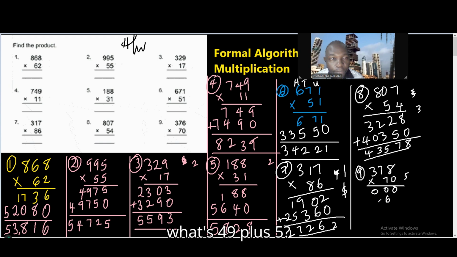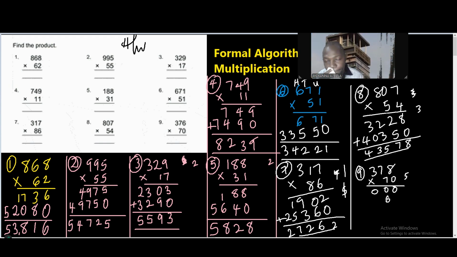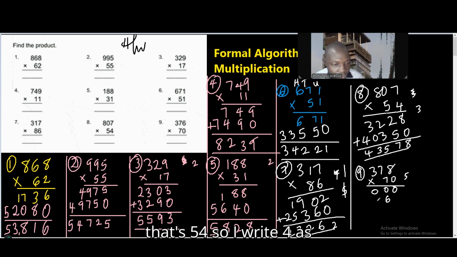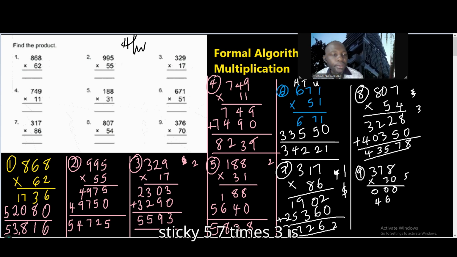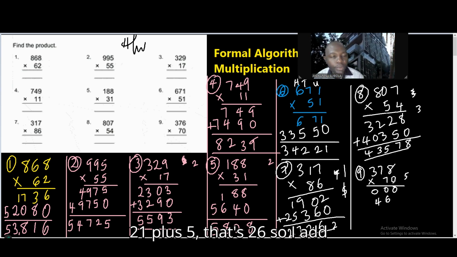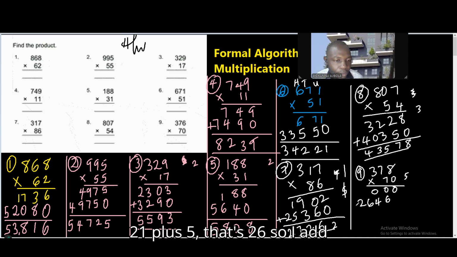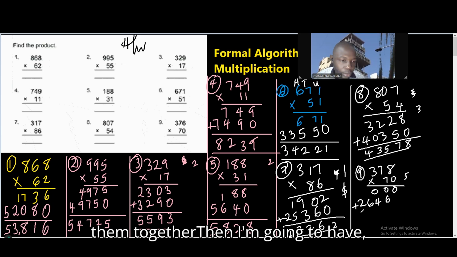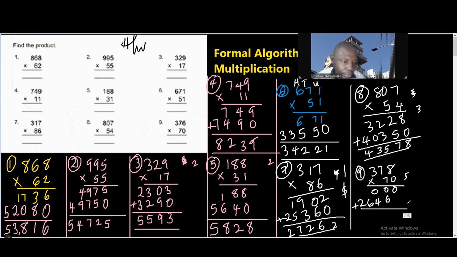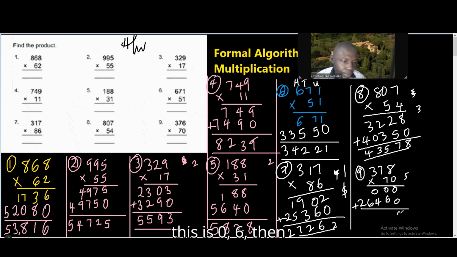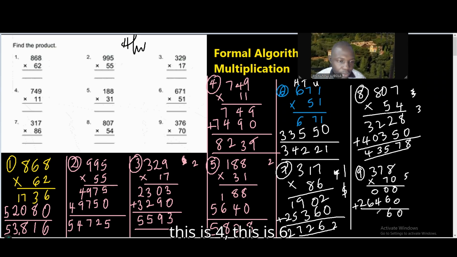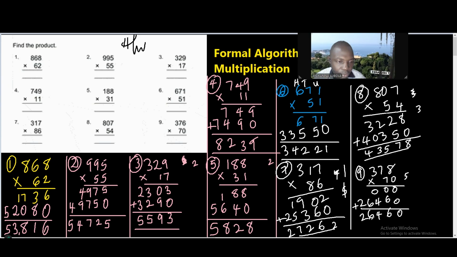That's 54. So I write 4, I still keep 5. 7 times 3 is 21 plus 5, that's 26. So I add them together. Then I'm going to have 0, 6, then this is 4, this is 6, and this is 2.